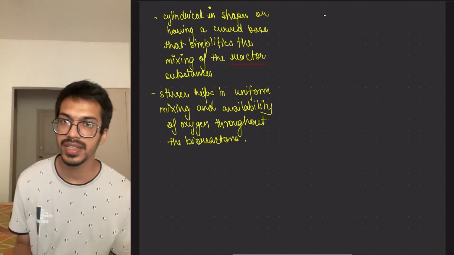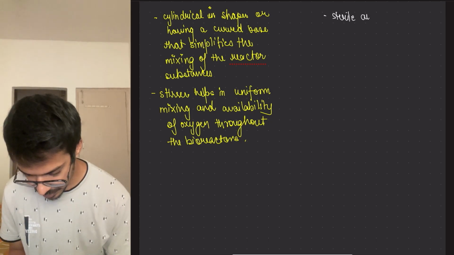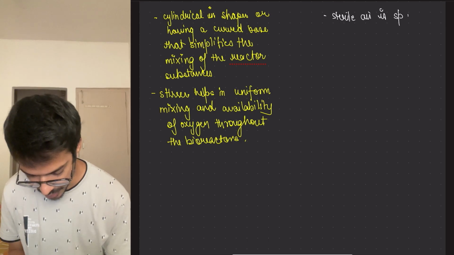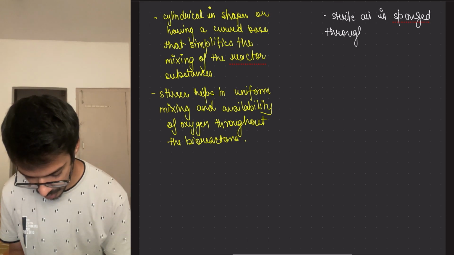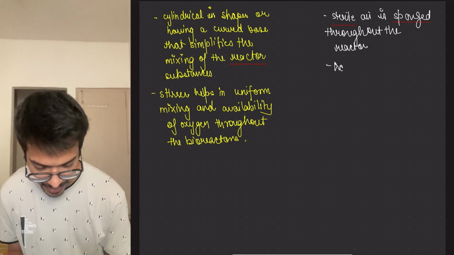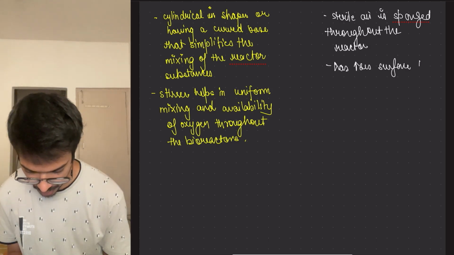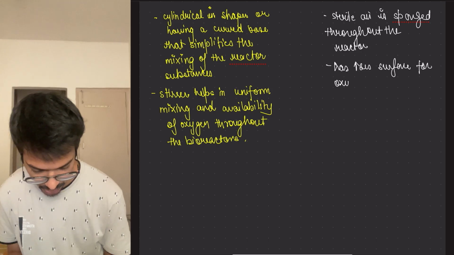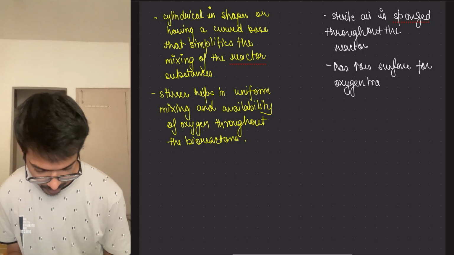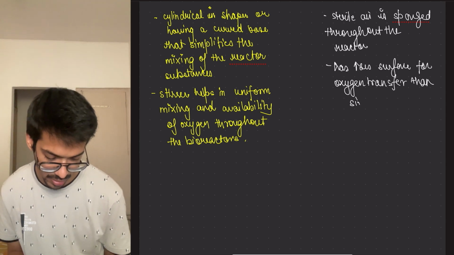Here, the different and important point is that the sterile air is sparged throughout the reactor, and has increased surface for oxygen transfer, compared to the simple stirrer.